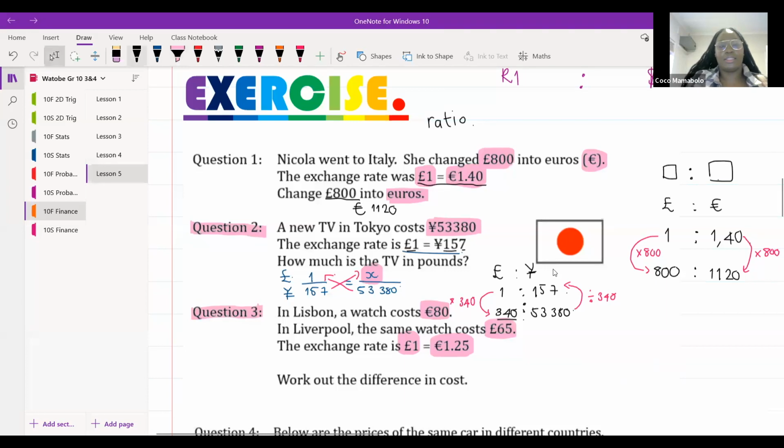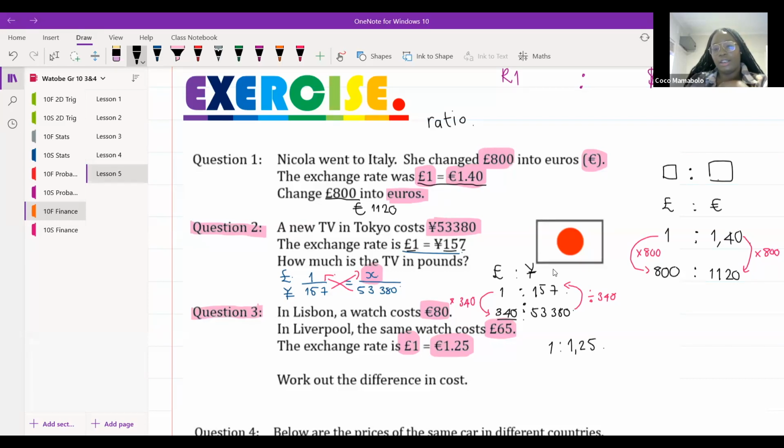So what do you think we should do? We can do the ratio, ma'am. Yes, the ratio, go for it. Then we're going to say 1 over 1.25.